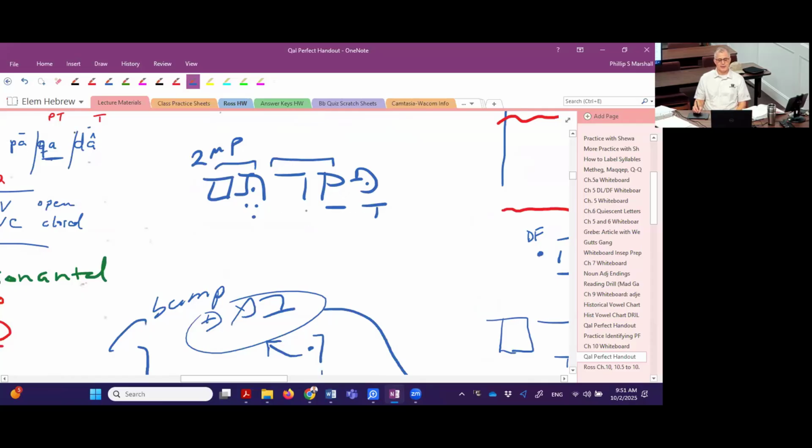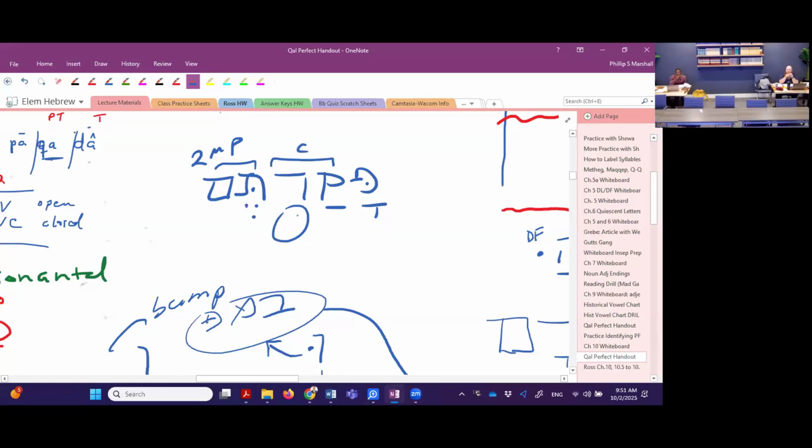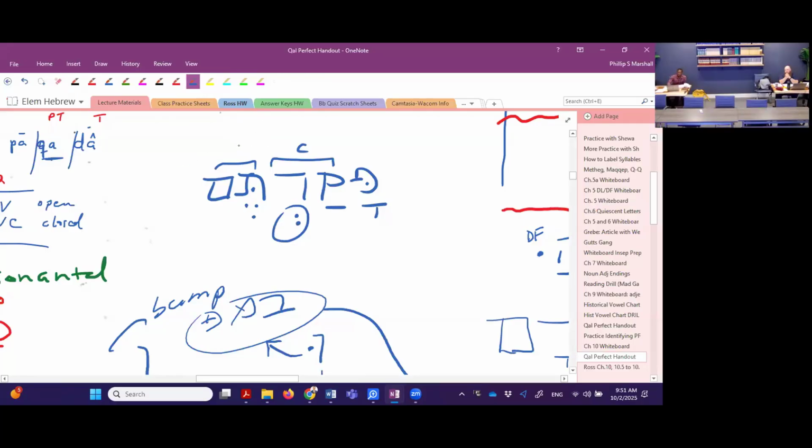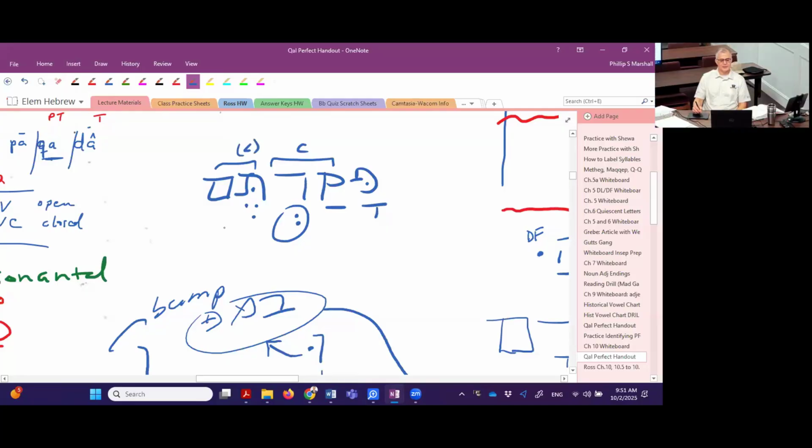Pa, ka, tem. What do I need here to mark this as a closed syllable? Silent shava. I want a silent shava, right? Where's the accent going to be on this puppy? Last syllable. Okay, it's going to be over here. I'll put that in parentheses. That's the tonic syllable. Okay, good.